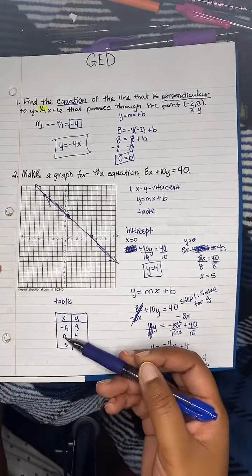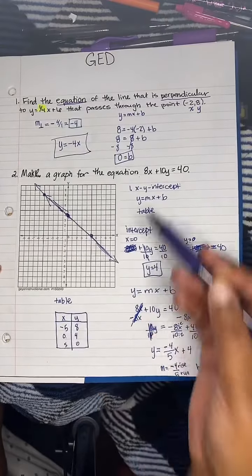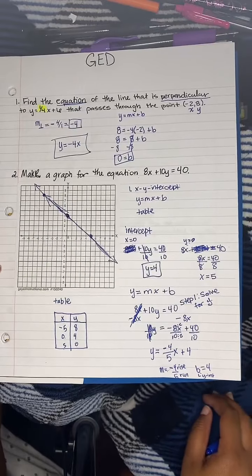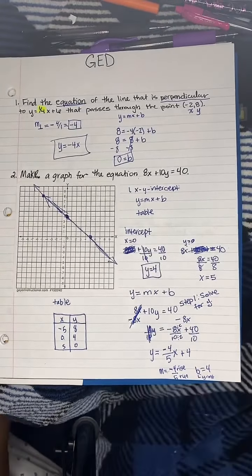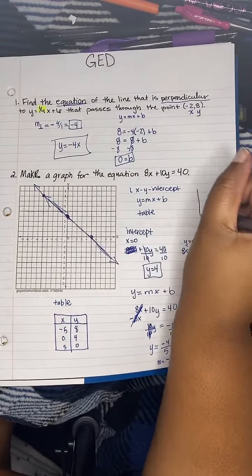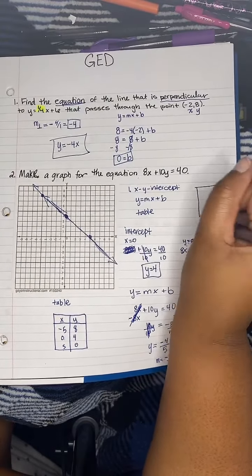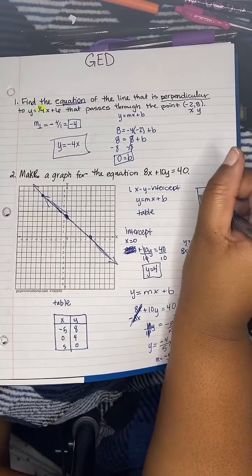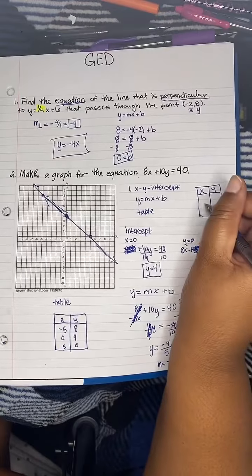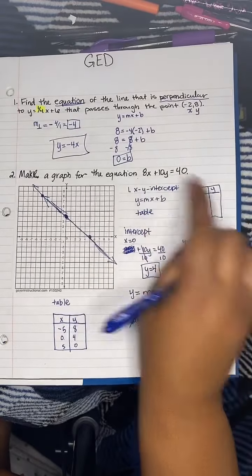You will plug in some x's. Ooh, I'm tired, y'all. You guys can see I'm dying out, okay? In my explanation. So you would plug in some x's. So we would make a table. Let's say we made a table over here. And you could choose whatever you want to plug in. So if I'm plugging in, I'm always going to choose 0 for my x. So I'll plug in 0.